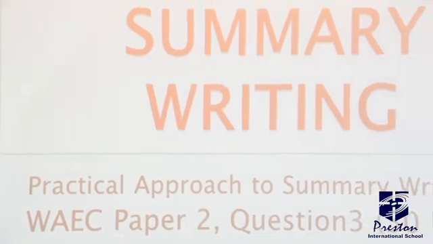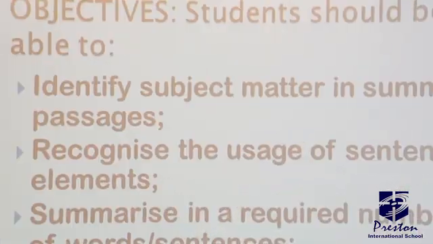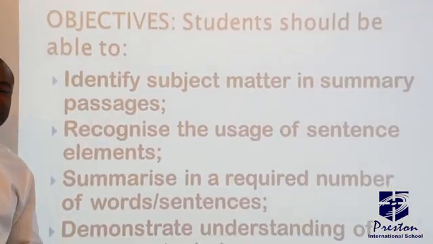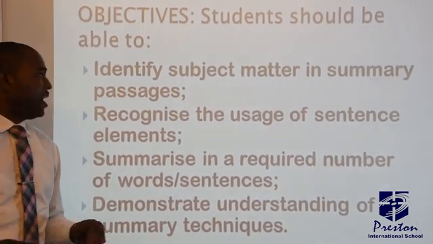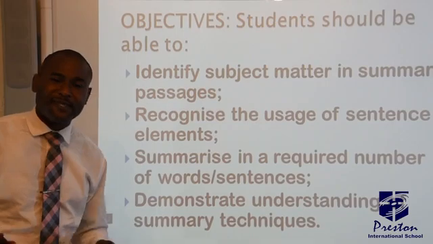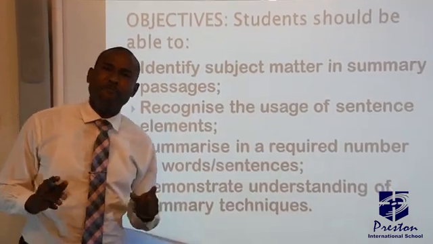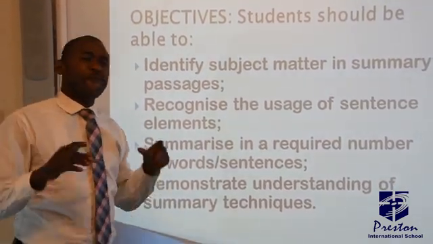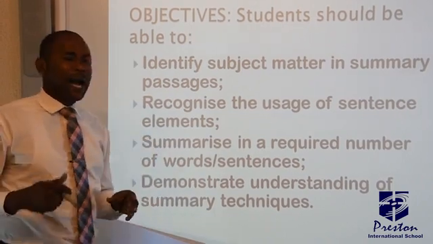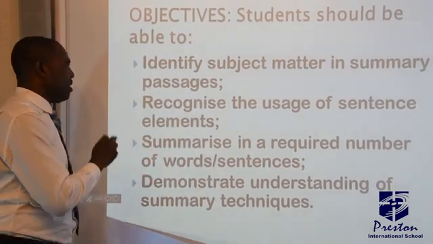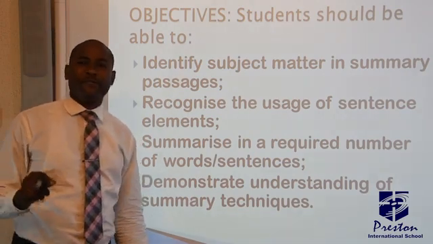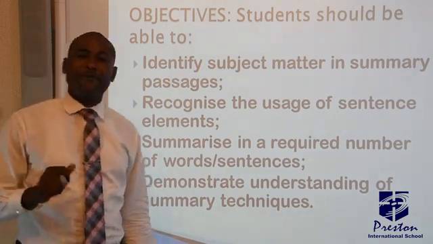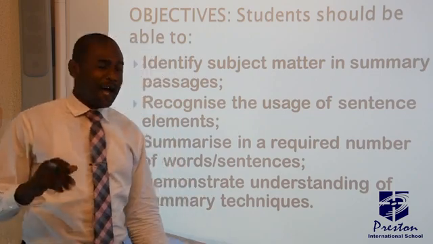Practical approach to summary writing. We are looking at the following objectives. We should be able to identify subject matter in summary passages. That is, the topic of discussion must be able to reflect in our answers as candidates. We should be able to recognize the usage of sentence elements: subject, verb, object or complement, and adjunct.